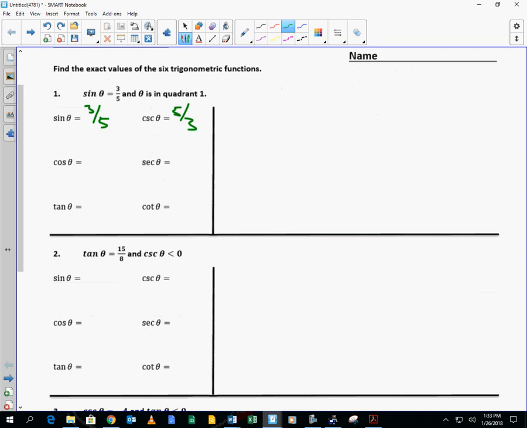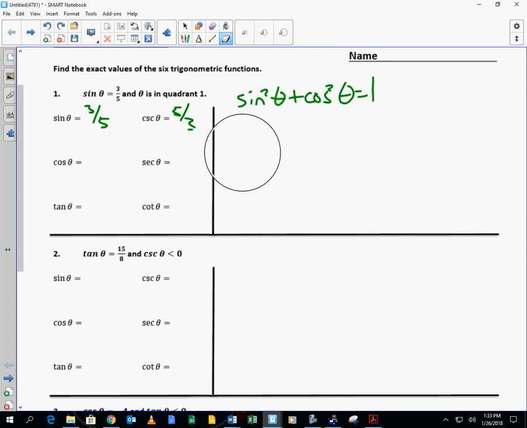Okay. Negativo. All right. So now I got to figure out cosine. If only I had a formula that involved sine and cosine. Oh my gosh. I do. What is it? Yes. So here's what people do that you want to be careful of. They take the 3/5 and they put it in for theta. They go sine squared of 3/5. No, you're squaring the entire value. It's 3/5 squared.